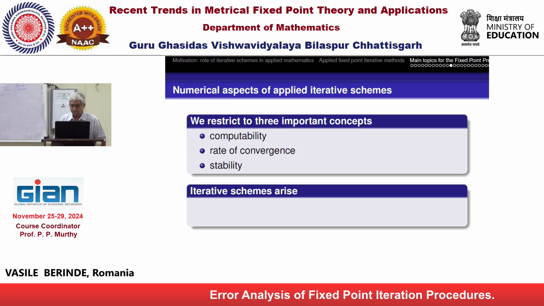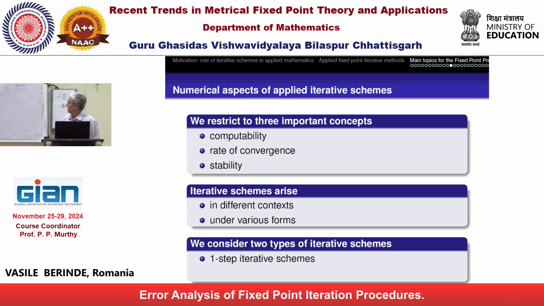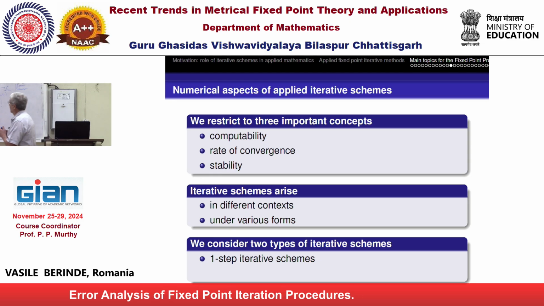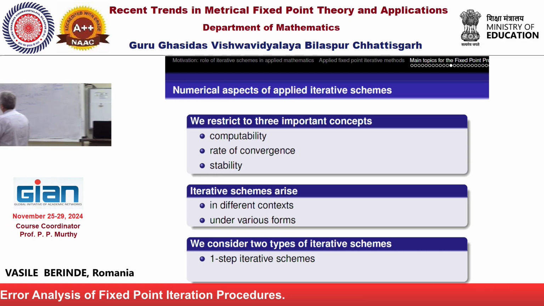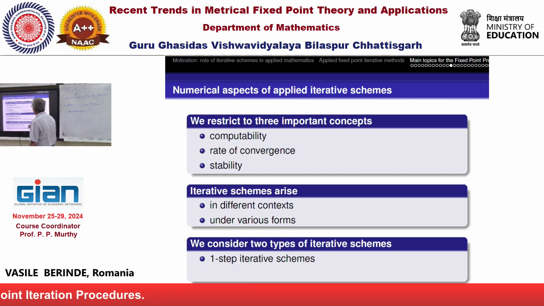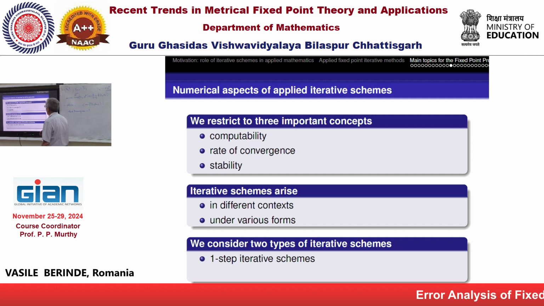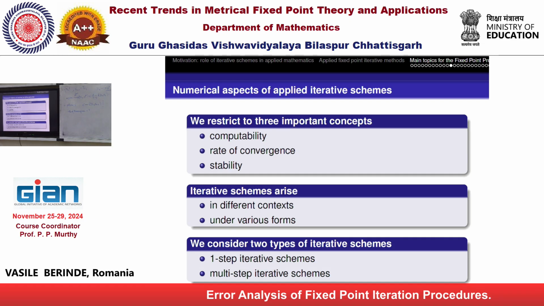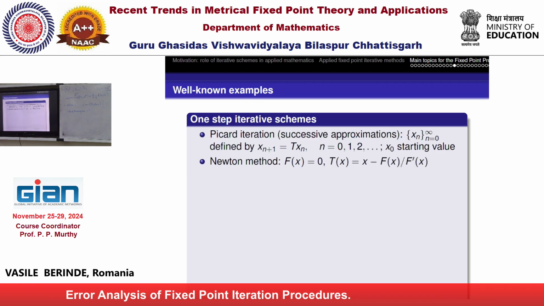So I'll speak here about some aspects related to applied iterative schemes. I just mentioned computability, but I'll discuss rate of convergence of an iterative method and stability of the iterative methods. And I'll consider some context for one-step iterative schemes and for multi-step iterative schemes.